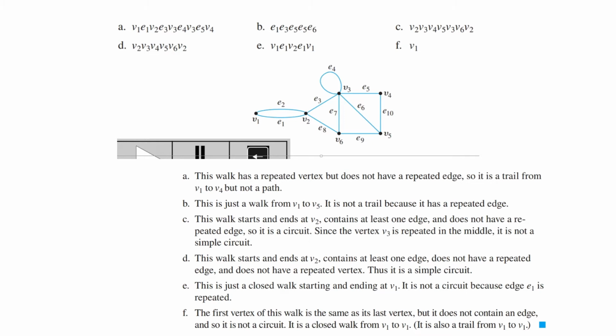A is a trail but not a path. B is not a trail because it has a repeated edge. C is a circuit, but it's not a simple circuit.